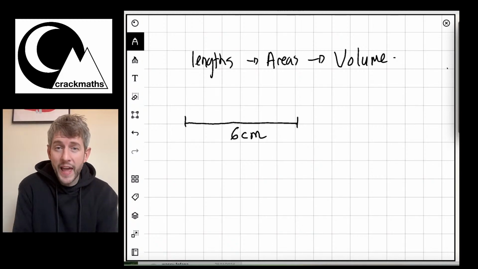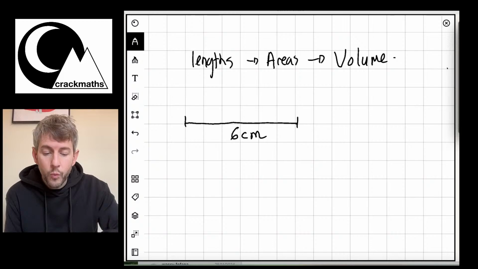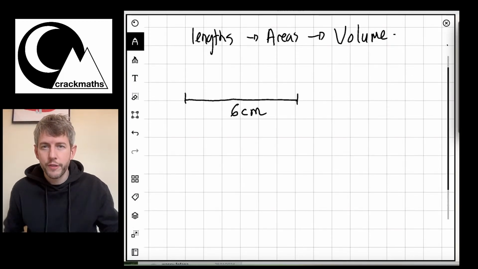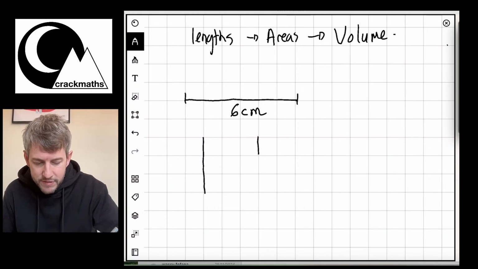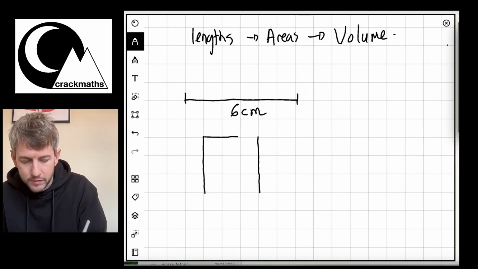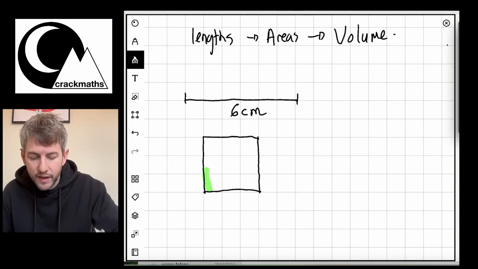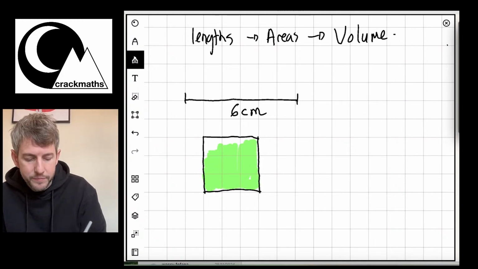centimetres. Now an area, as we discussed the other day, is when something takes up space. Lengths don't really take up space, they're just long and thin. An area is something that takes up space. So say for example here, this shape takes up space, and I know that because I can colour it in. So I can colour in this space.